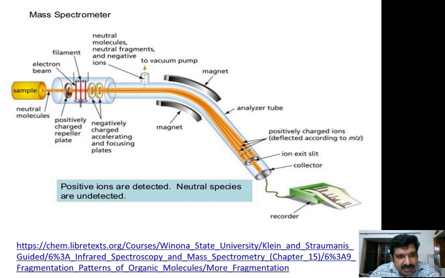Once fragmentation occurs, the charged particles travel to the mass analyzer. In between, a negatively charged accelerating circular coil is also present. It focuses the beam in a collimated manner and directs it to the mass analyzer chamber.